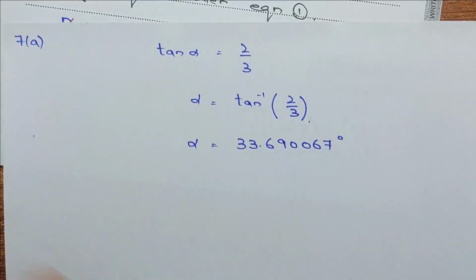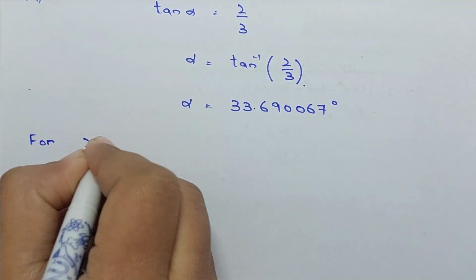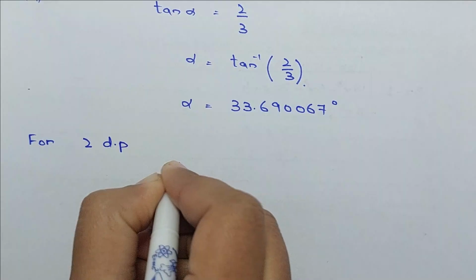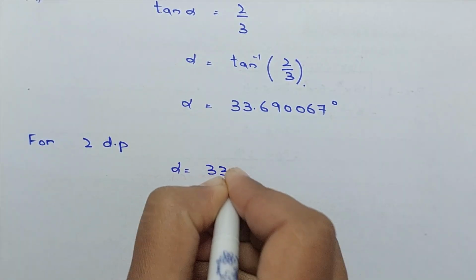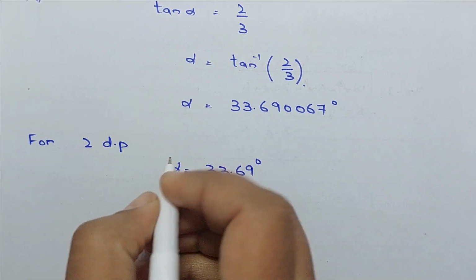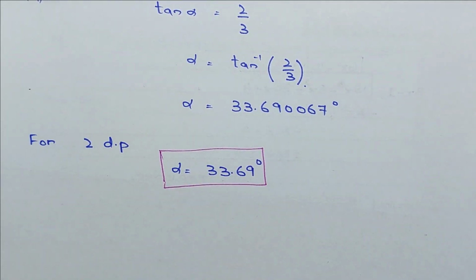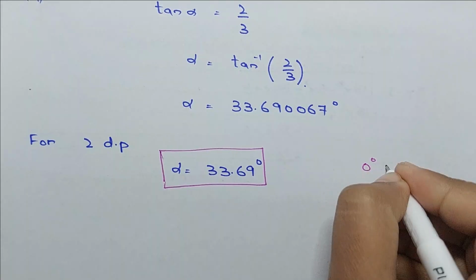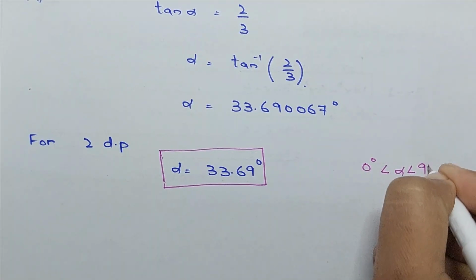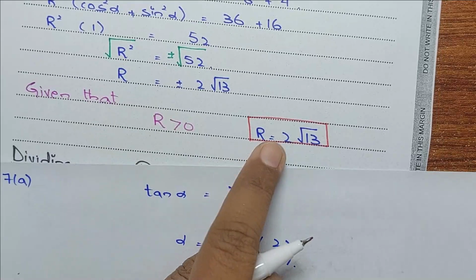Since alpha should be for 2 decimal place, the alpha value is 33.69 degrees. And this value of alpha is between 0 and 90 degree. So this is a value for alpha up to 2 decimal place, and this is a value for r, the exact value for r.